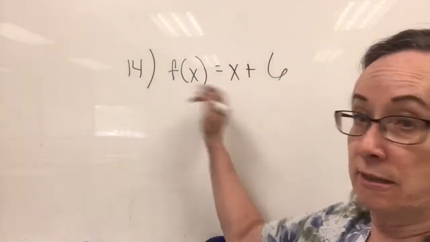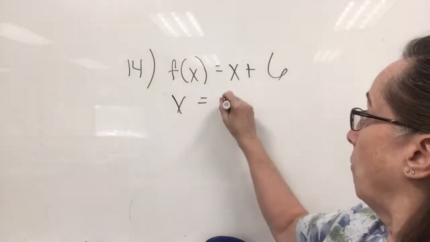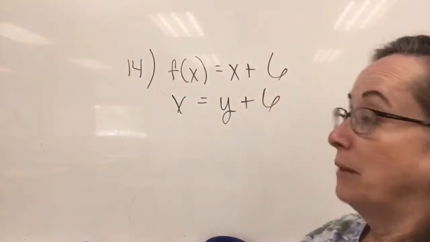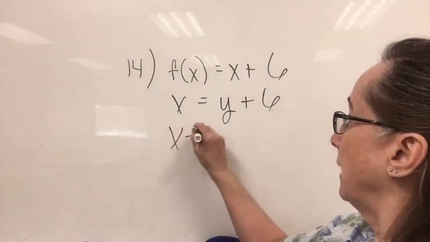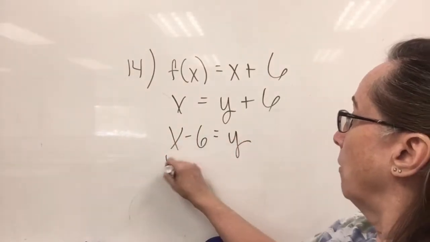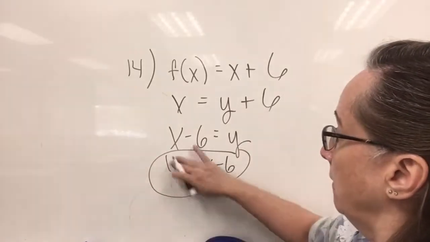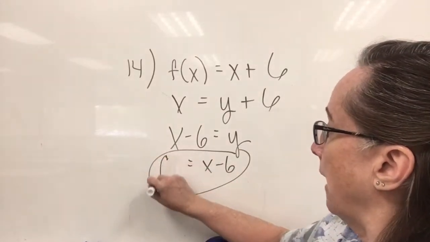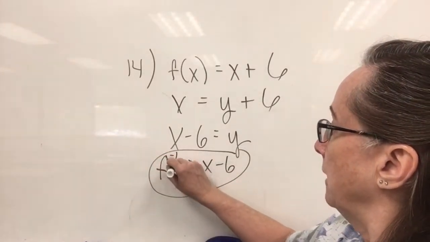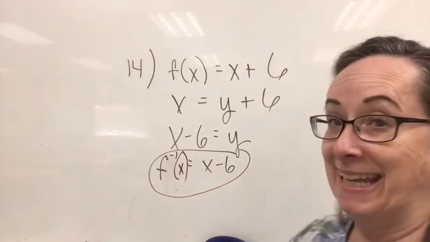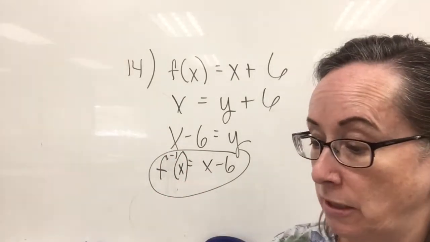So we switch the x and the y. So x is y plus 6. We get the y by itself. X minus 6 is y, or y is x minus 6. And then we take the y out and we say f of negative 1 of x, because it is the inverse to the original function.